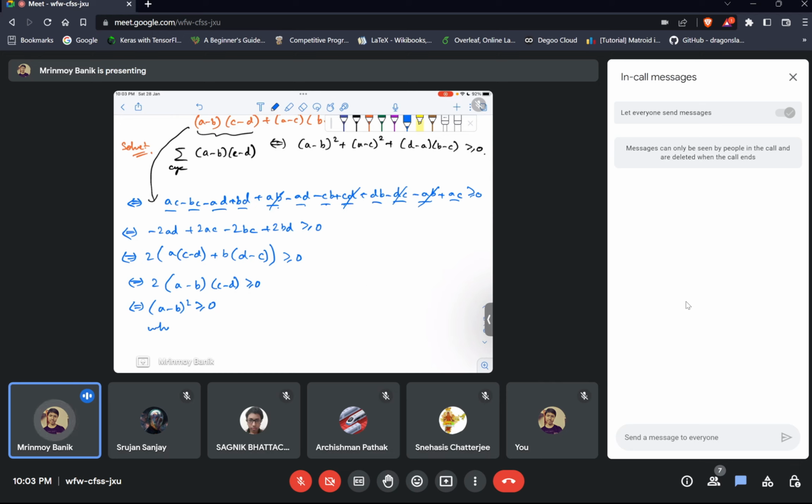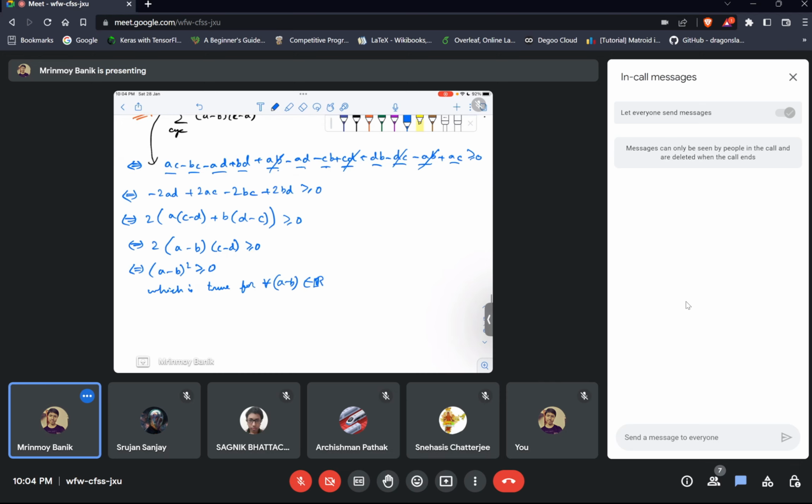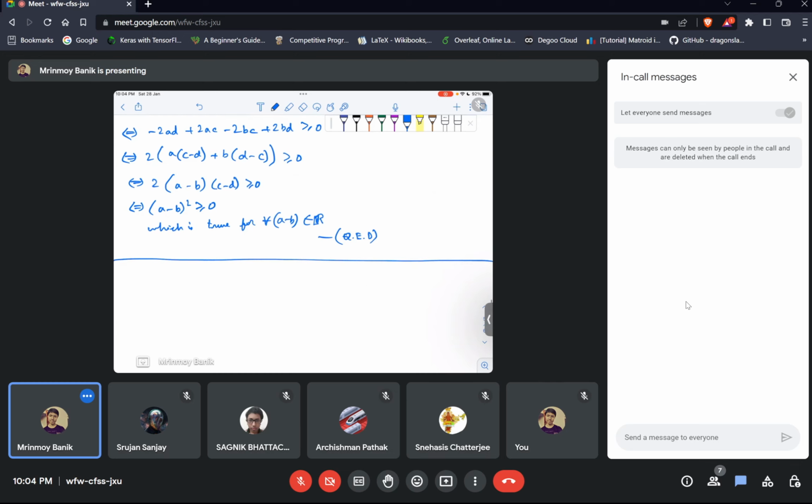Which is true for all A minus B in R. So until and unless we land down to some complex numbers, we can't have negative squares. Next.